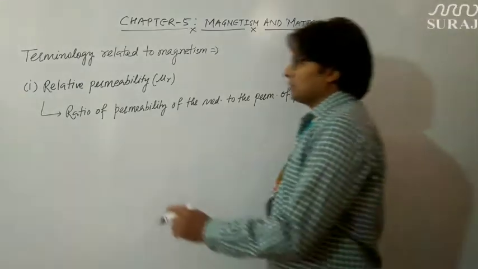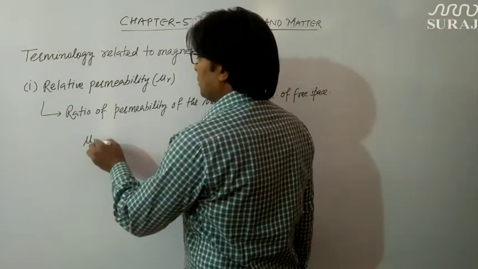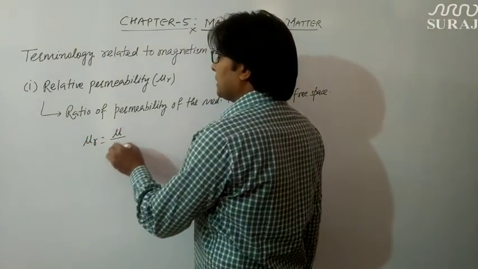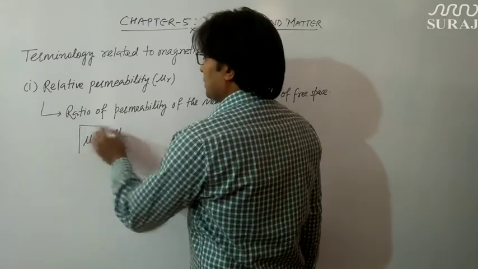So the formula would become mu r is equal to mu divided by mu naught.